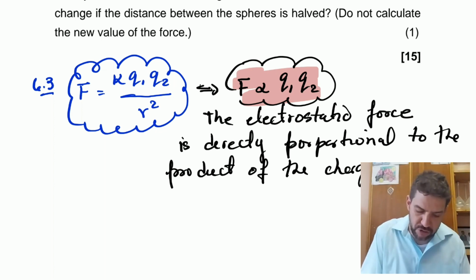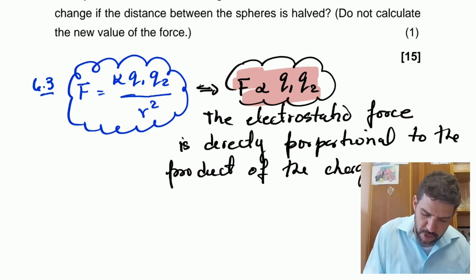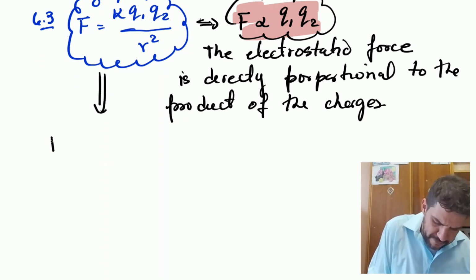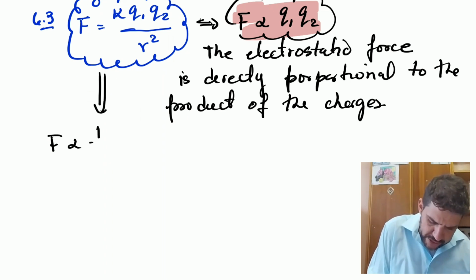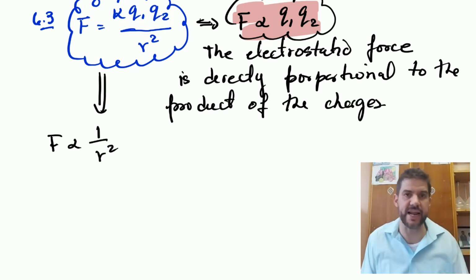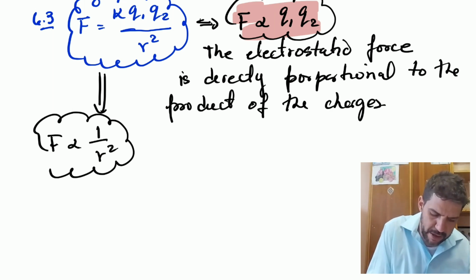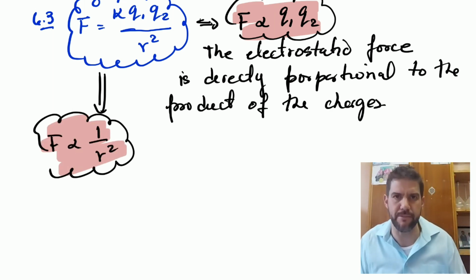The second part of the law, also coming from the formula, we can write down here: F is inversely proportional to the square of the distance, as you can see there. That is the second part of the law. It is coming from the formula, so all you have to do is to be able to write it.